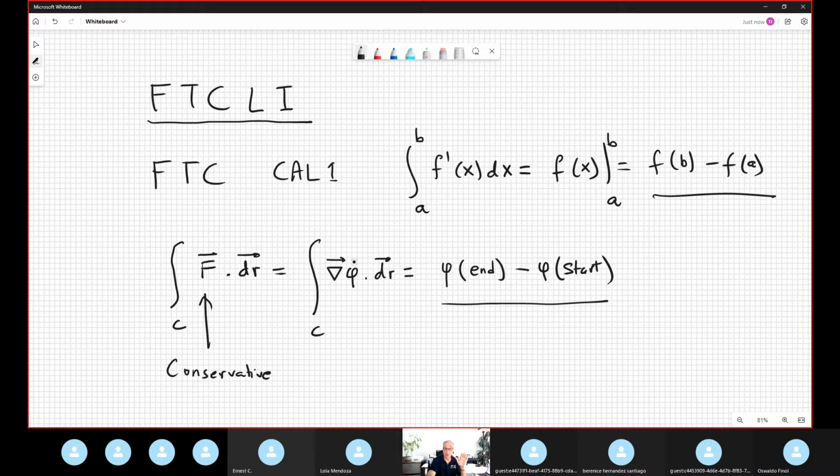In my opinion, the gradient looks similar to the derivative. But you know, the gradient is a derivative in every component, it's a vector. The only thing that changed between this statement and this statement, Cal 1 and Cal 3, is that Cal 3 is talking about 2 or 3 dimensions, and Cal 1 is talking about 1 dimension. It's the same. It's the same.